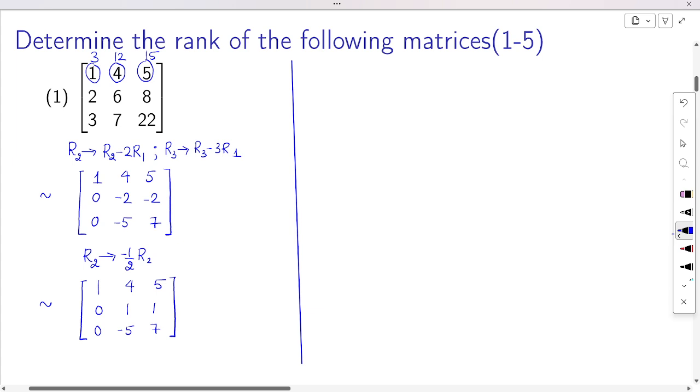Now multiply row 2 by 5 and add it to row 3. So the matrix gets converted into this one.